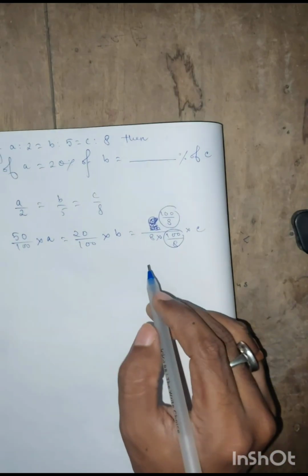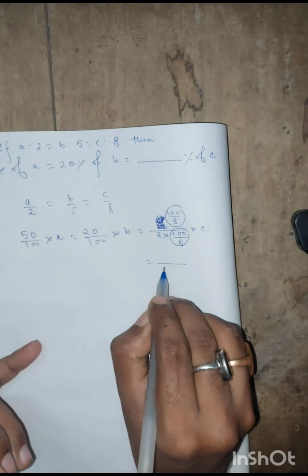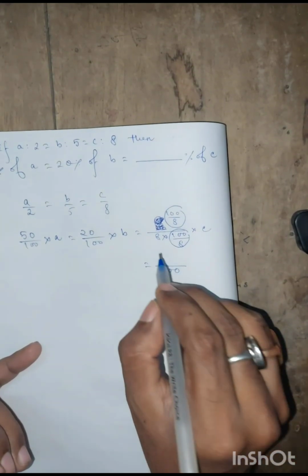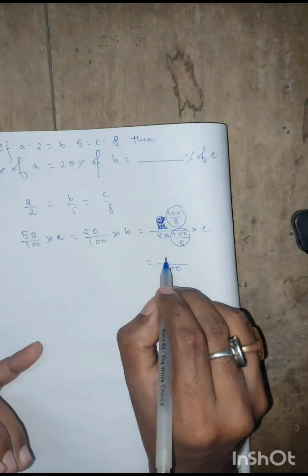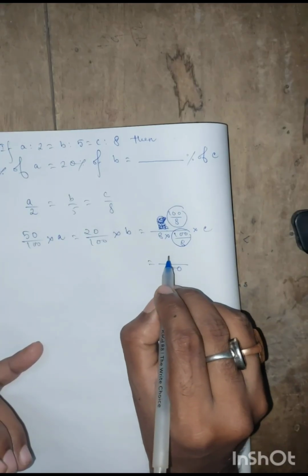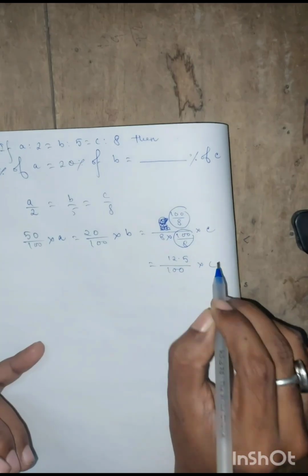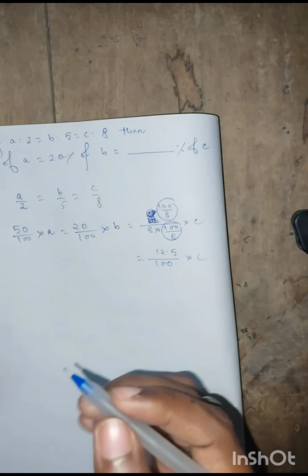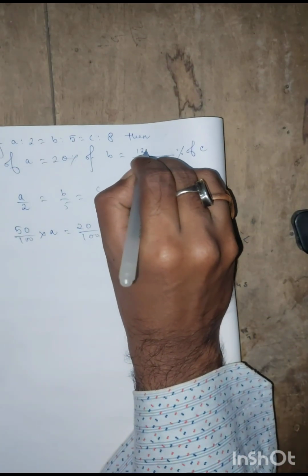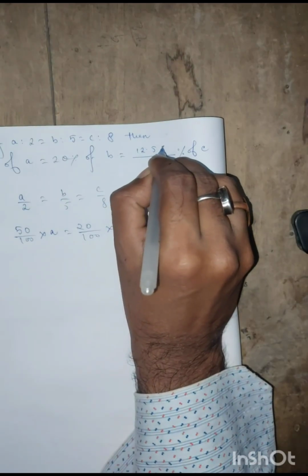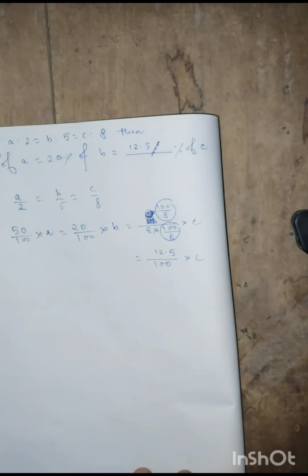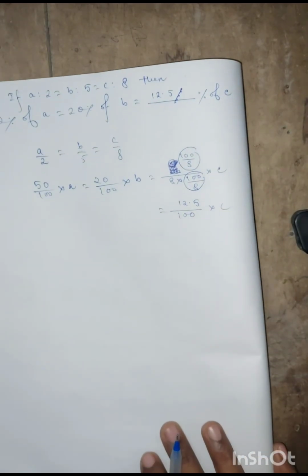So now the denominator becomes 100 and the numerator becomes 100 by 8, which is equal to 25 by 2. That means 12.5 into C. So this is 12.5% of C. So I hope you have understood it.